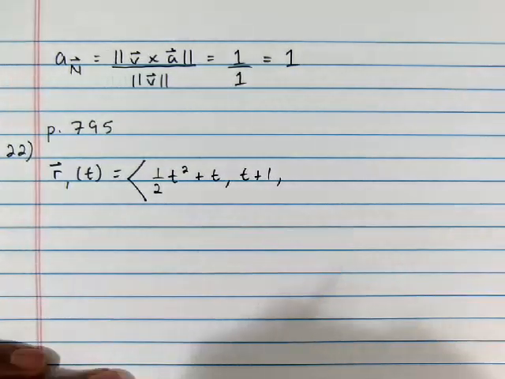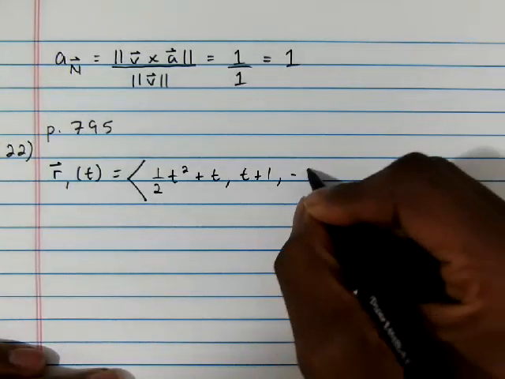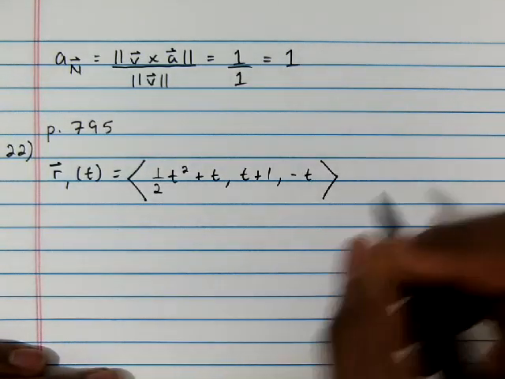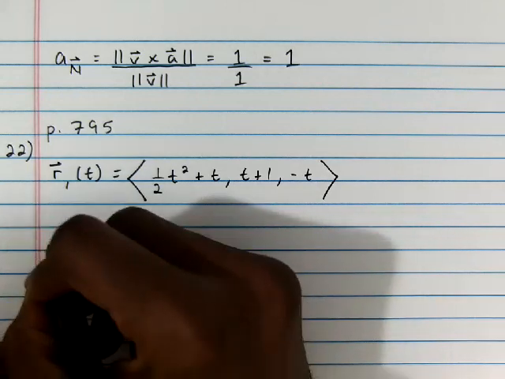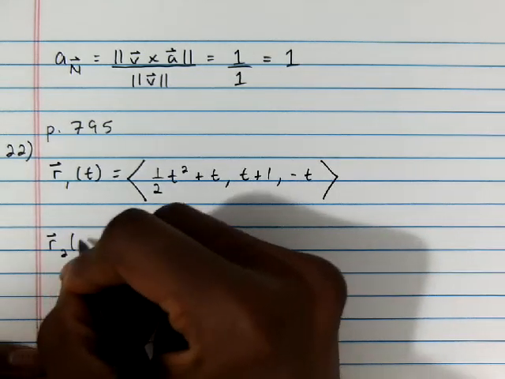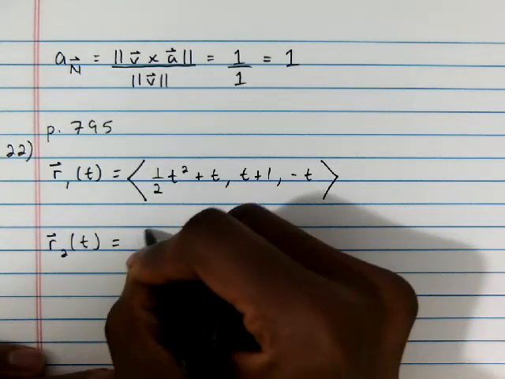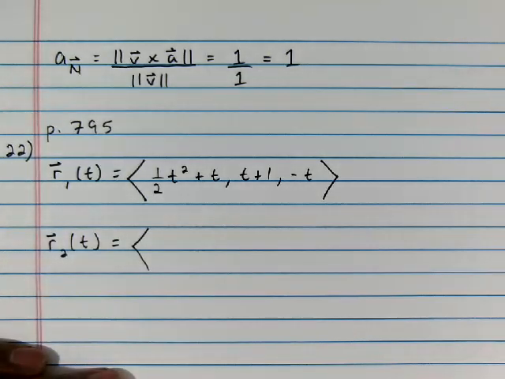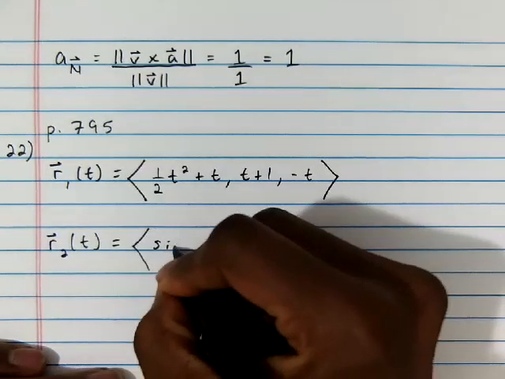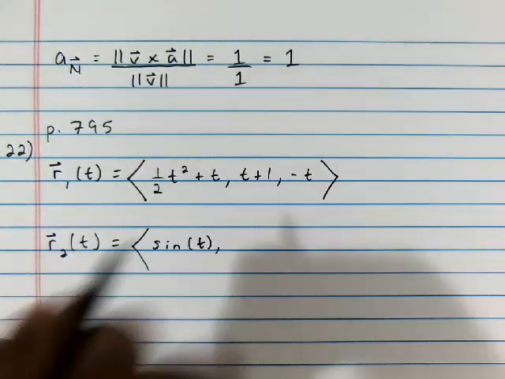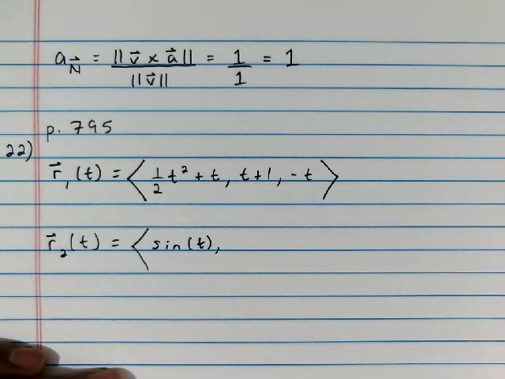And the last component is negative t. Then R sub 2 of t is equal to the vector whose first component is sine of t. Then second component is e to the t, and then negative tangent of t.